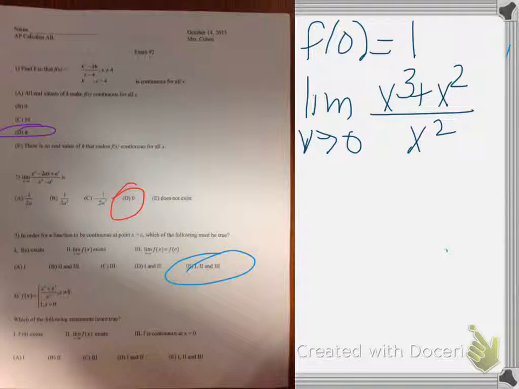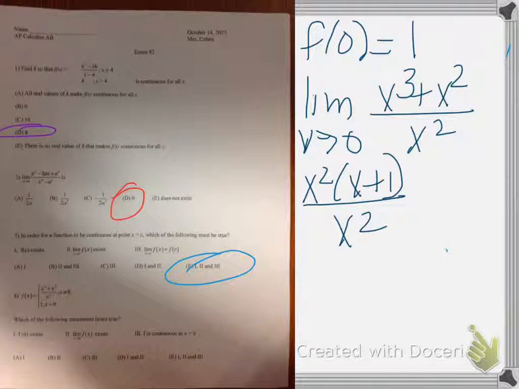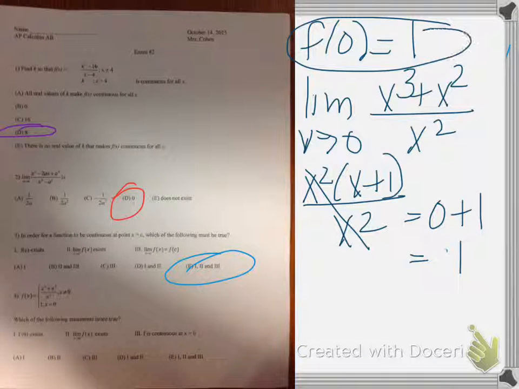You cannot substitute 0 in there, you'll get 0 in the denominator, but you can factor the numerator. When you do that, you can see the x squareds cancel, and now you can substitute 0 in there, and you get 0 plus 1 equals 1.